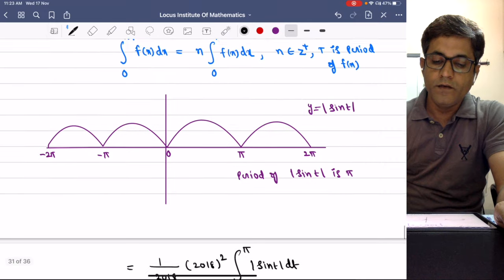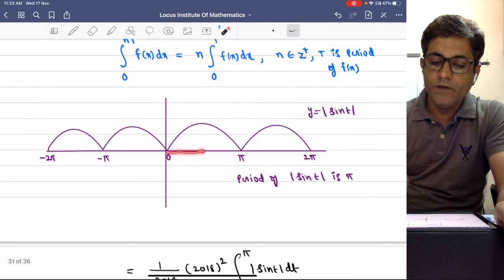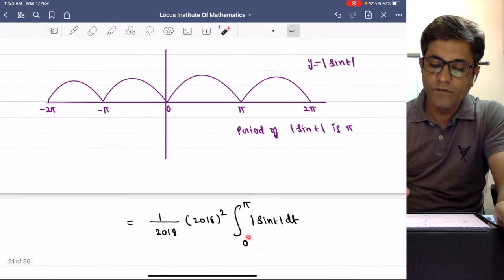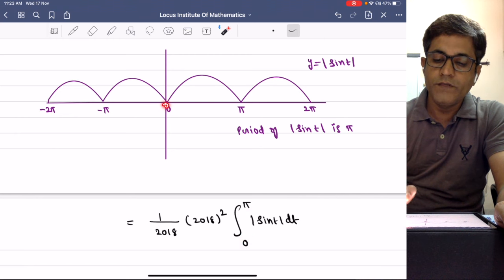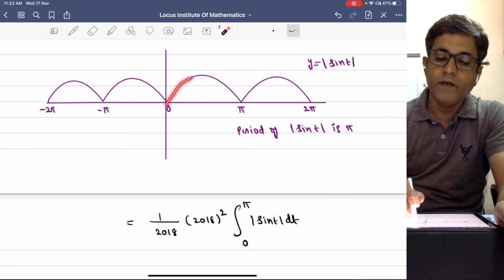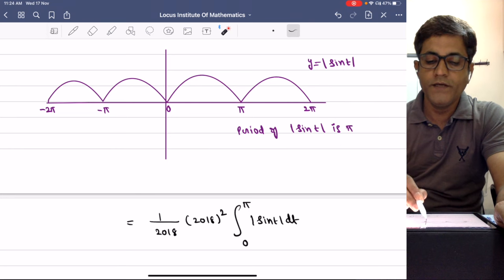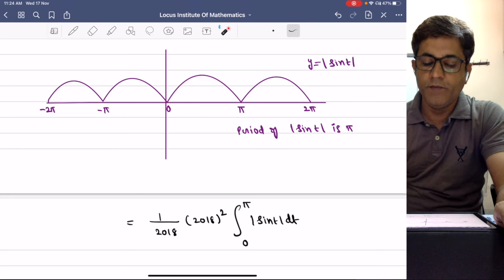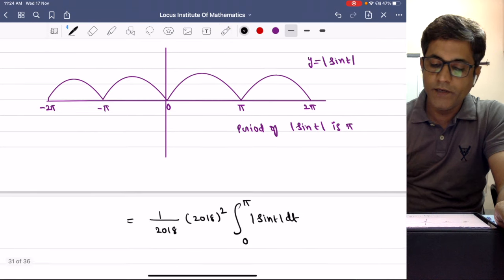Now if you observe the graph, our limits are from 0 to π. In between 0 to π, the graph is above the x-axis, so it is a non-negative quantity. Therefore, you can remove the modulus.